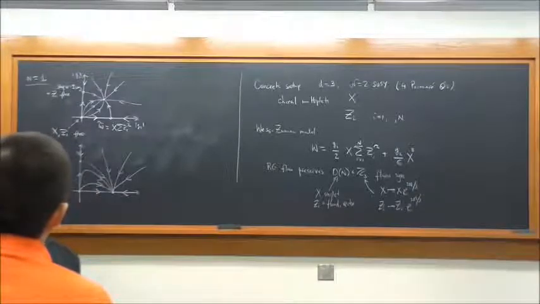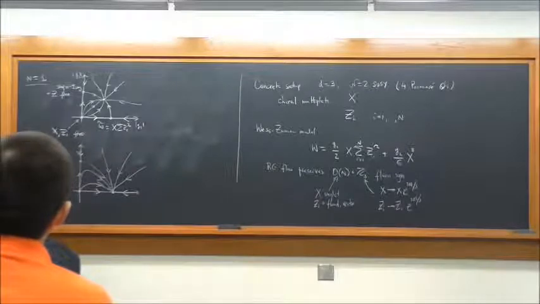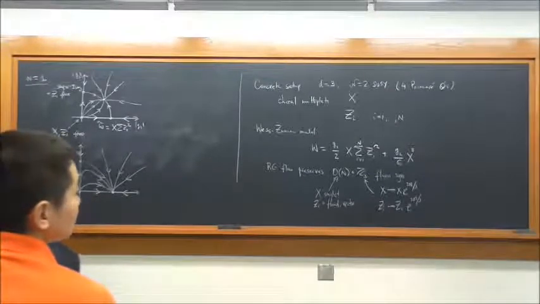There's just no fixed point with non-zero G1 and G2. This is still the epsilon expansion? Yeah, these pictures are the epsilon expansion, because otherwise I can't draw RG flow diagrams.